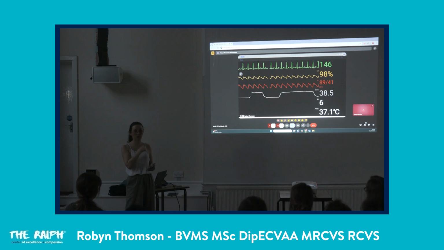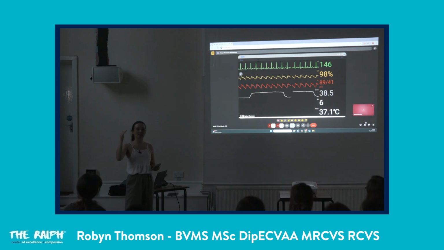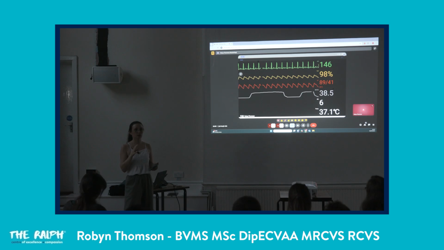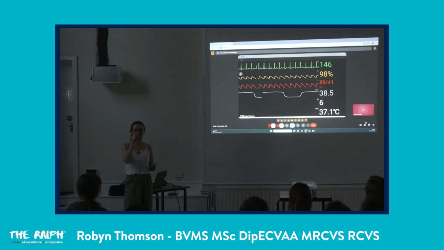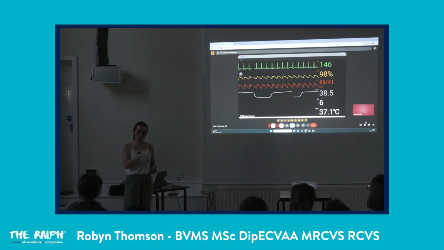So absolutely, I'm going to check my depth of anaesthesia because I have given ketamine. I know my ketamine is going to be having an effect here, so it's going to be max sparing. So can I reduce that isoflurane any more? The point at which we're at will depend on if you have gas monitoring or not. If you don't have gas monitoring, where you can actually see what your end-tidal isoflurane is, I'm a little bit more cautious because what you don't want is a patient that's becoming aware.